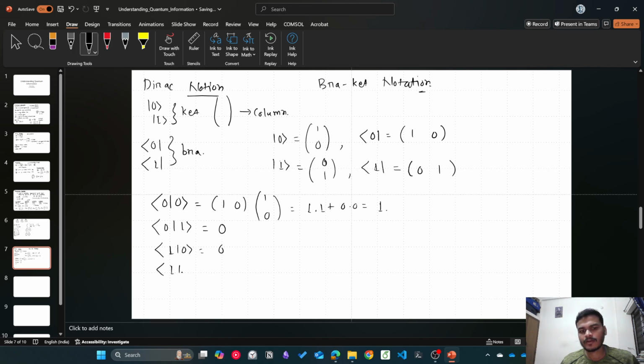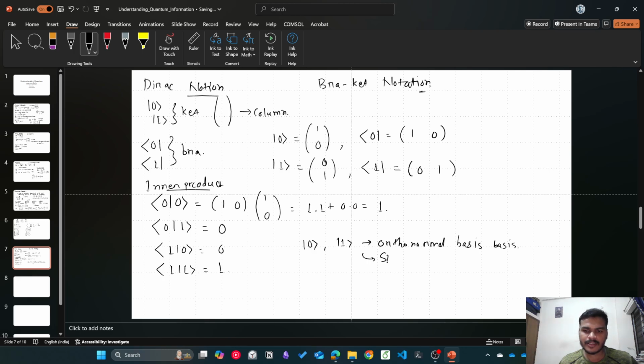You multiply 1 and 1, take the inner product. This is sometimes called the inner product when we are doing quantum mechanics. We will get 1. That's why this 0 and 1 are called an orthonormal basis in quantum mechanics. We can call them an orthonormal basis here also.